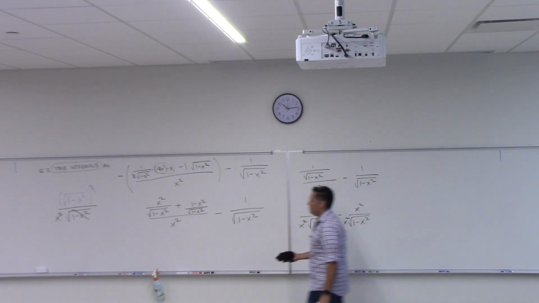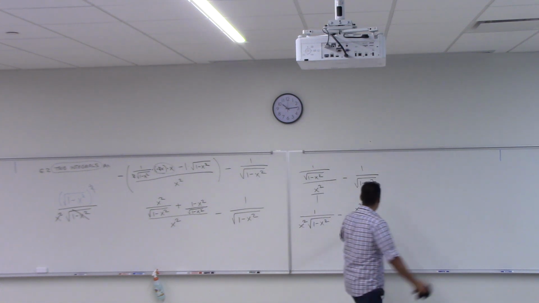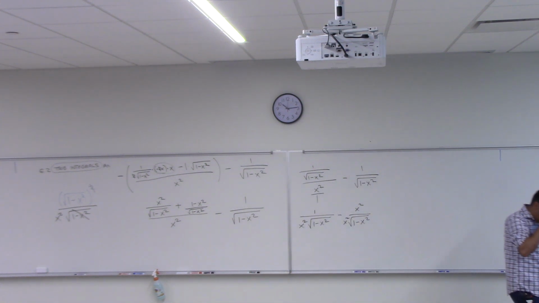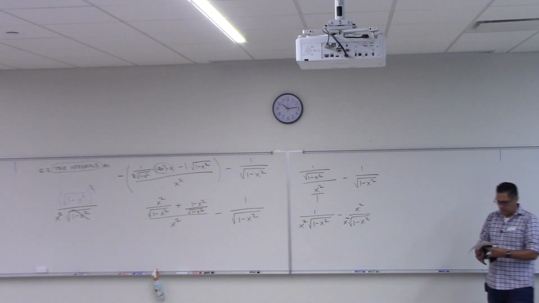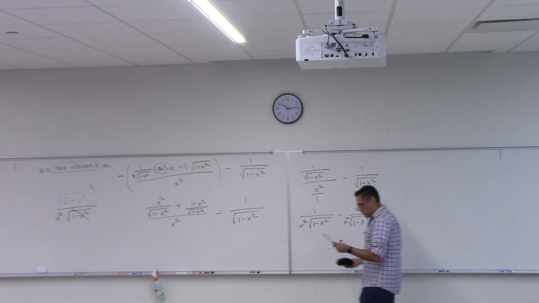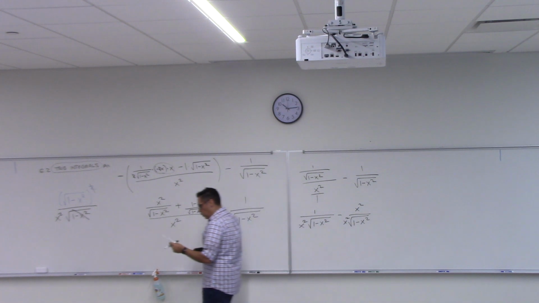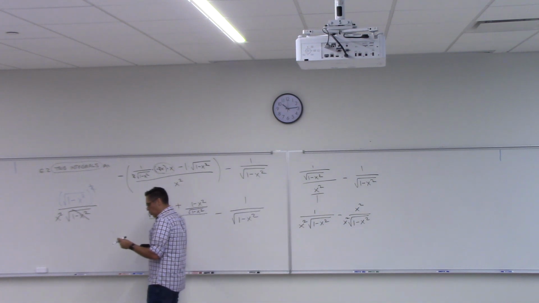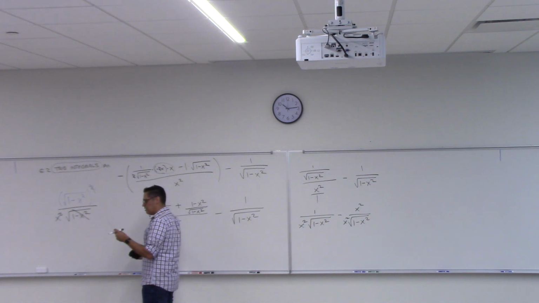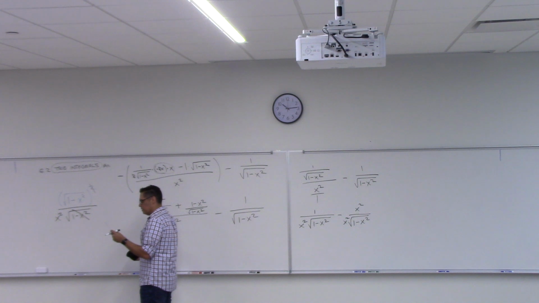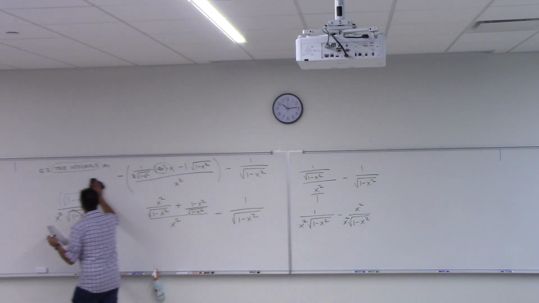Okay, let's pick another one. Let's stick with the same trig sub. You know what? I might pick this one. Or 15, oh, I was saying 15 and 16 look like the same problem, but they're not. Let's do 16.